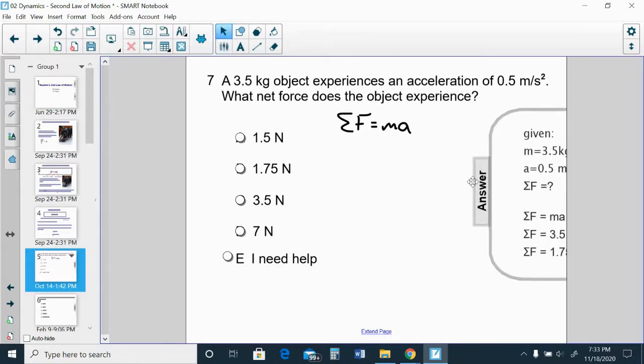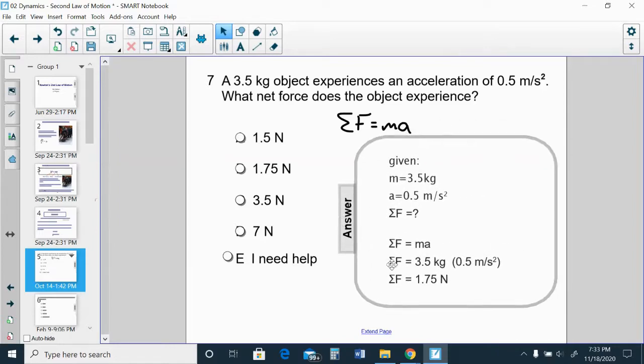Okay, so hopefully you got the answer 1.75 newtons, so that would be the second choice here. You know that the mass is 3.5 kilograms and acceleration is 0.5 meters per second squared. What does the net force equal? In this case, you're just plugging in mass times acceleration, which gives you 1.75 newtons.